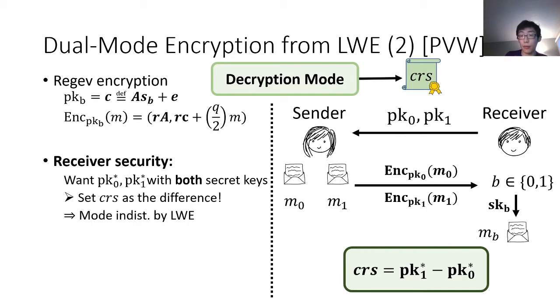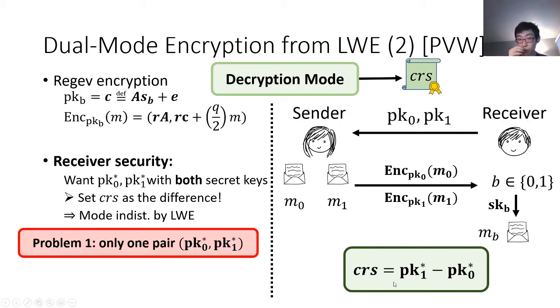And because of the shape of the LWE assumption, that actually ensures indistinguishability of the modes. So the difference of true LWE samples will look uniform. So that's good. And then if you set the CRS this way, you have a way to set up both public keys while knowing both secret keys, by outputting PK0 star and PK1 star.